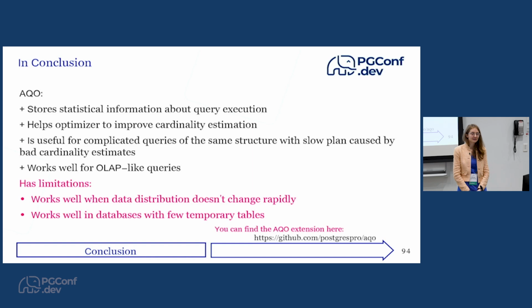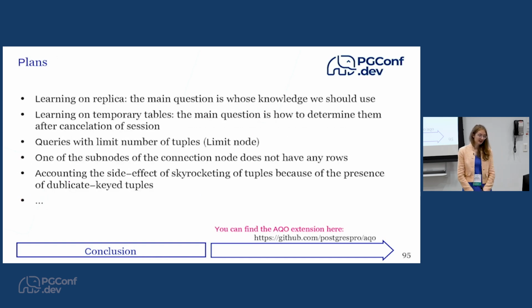On the other hand, QO works well when data distribution does not change rapidly, and if a database has a small number of temporary tables.